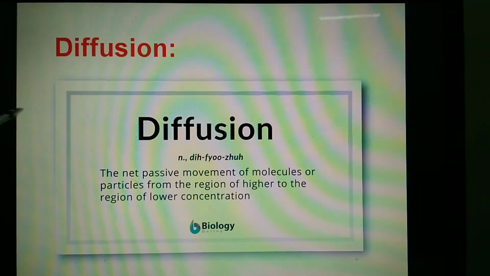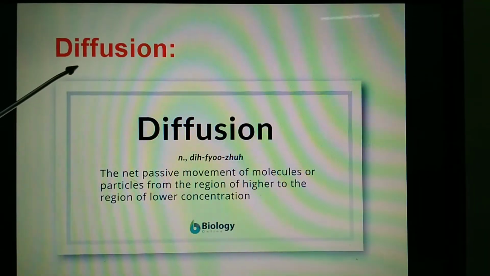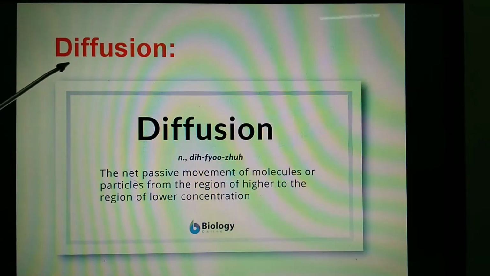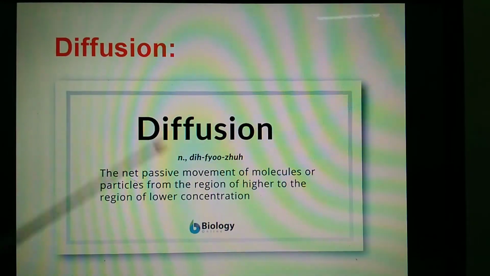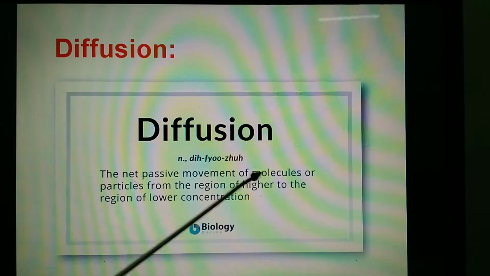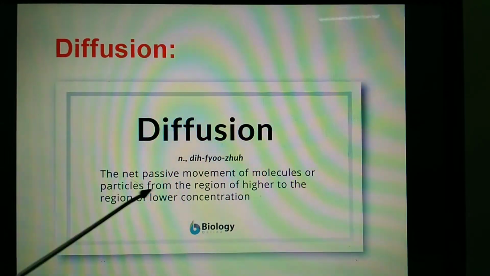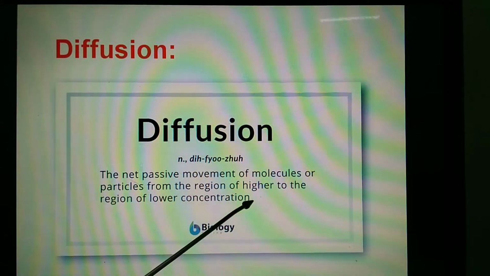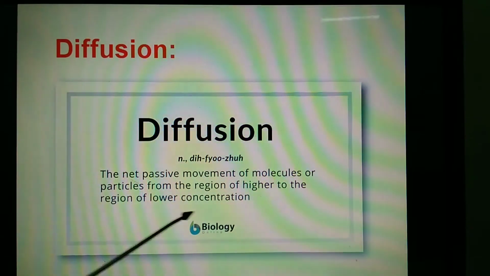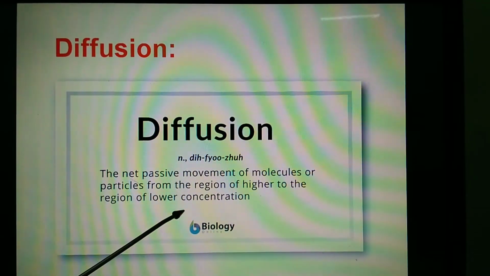Now the question comes, what do you mean by the term diffusion? Diffusion is the net passive movement of molecules or particles from the region of higher concentration to the region of lower concentration.